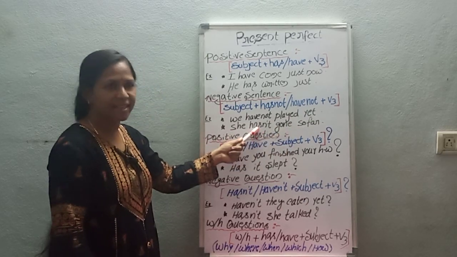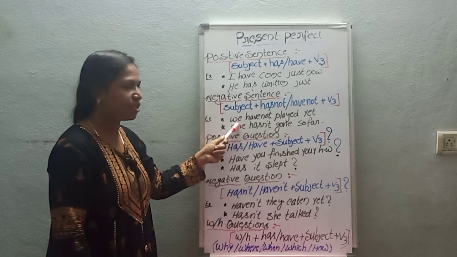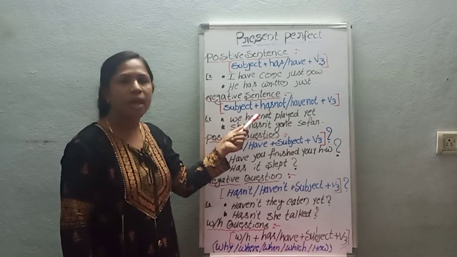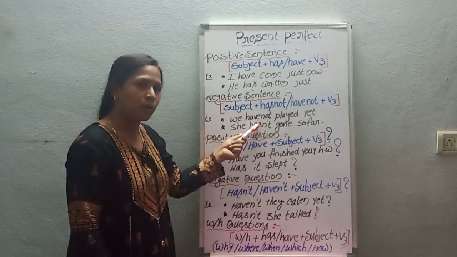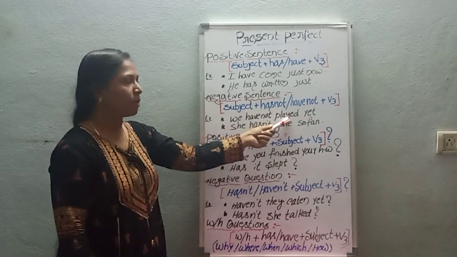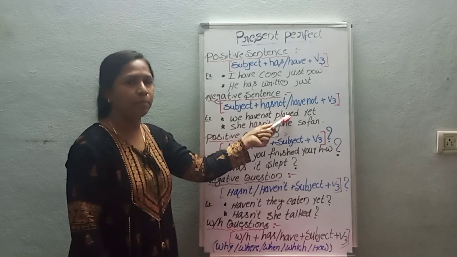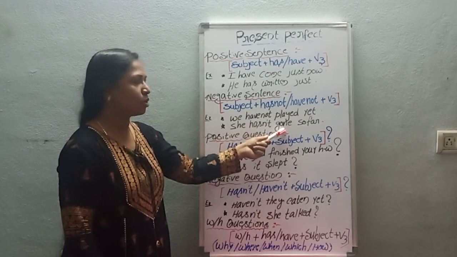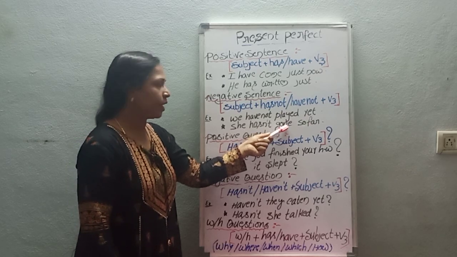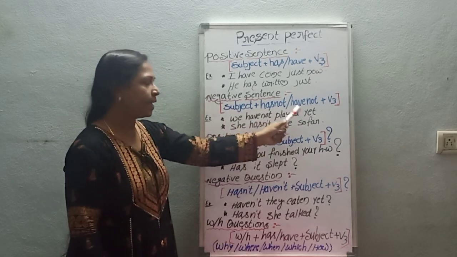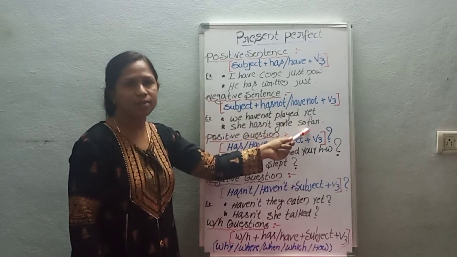I used has not for the singular noun she. So either you use have not or haven't, and either you use has not or hasn't. The third form of the verb: play, played, played, playing. Here also the third form of the verb go: go, went, gone, going. So we have not played yet. She has not gone so far.